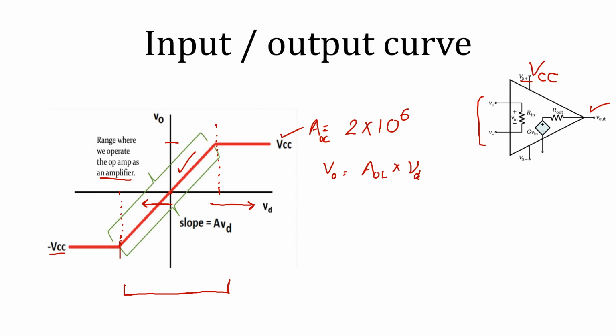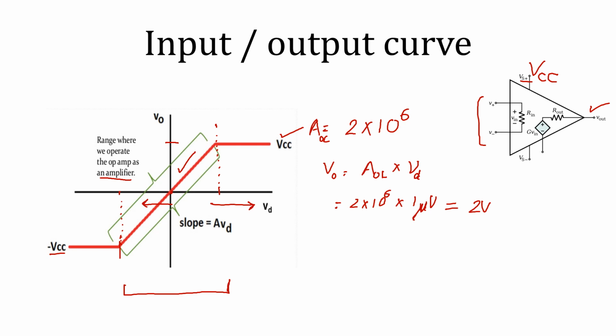This is the formula. If our VD is, let's say, 1 microvolt, in that case the output will be 2 volt.